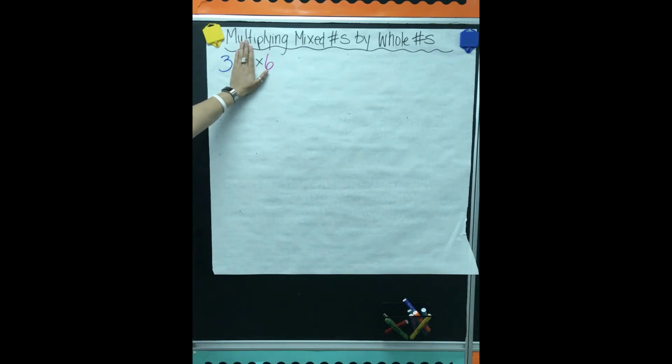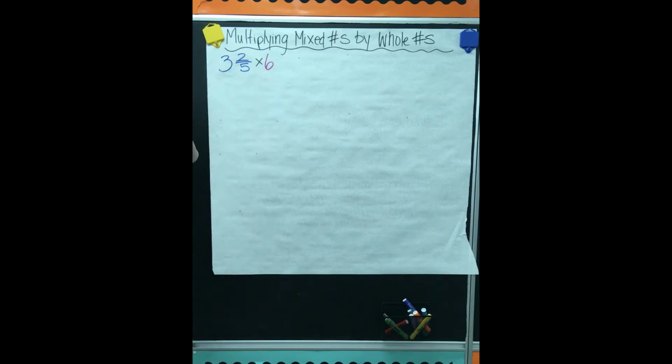So if I multiply 3 2/5 times 6, is my answer going to be larger than if I multiplied it only by 3 times 6? It is, because not only am I multiplying the wholes, I'm also going to take parts of this and put it together. So our answer should be around, based on what we know, 3 times 6, it should be around 18 maybe. Okay, so what we're going to do first is we have to break these numbers up.